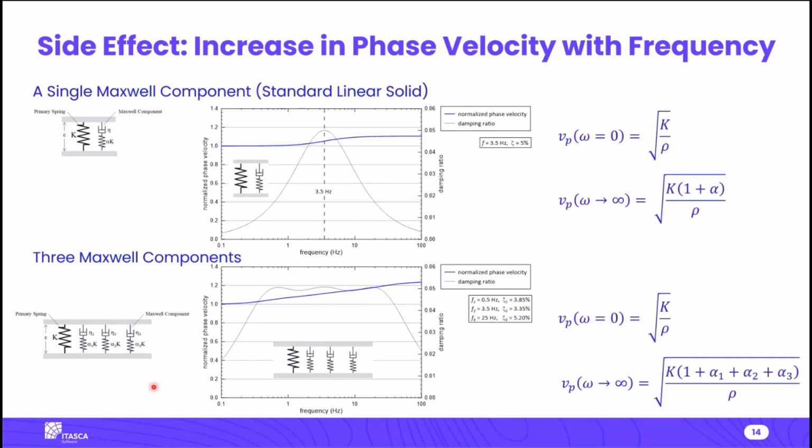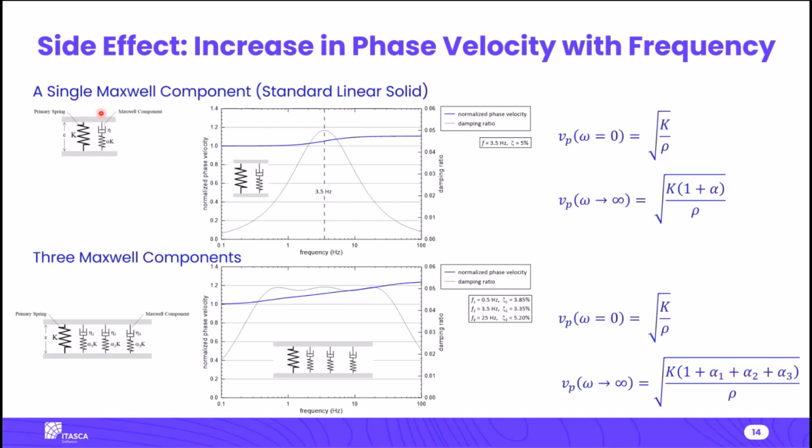So there's always a fly in the ointment. There's one tricky side effect of Maxwell damping that you have to be aware of in analyses, which is that the phase velocity increases with frequency with this kind of model. Here's the increase for a single Maxwell component, and if you have the full scheme with 3 Maxwell components, you have an almost constant increase in phase velocity with the log of frequency.